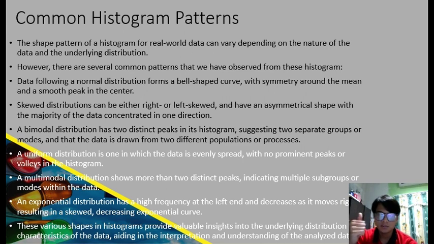A bimodal distribution also, and a uniform distribution is one in which the data is evenly spread. A multimodal distribution shows more than two distinct peaks. We have also observed it. And an exponential distribution has a high frequency at the left end and decreases as it moves to the right. And these various shapes in histograms provide valuable insight into the underlying distribution and characteristics of the data, aiding in the interpretation and understanding of the analyzed data.